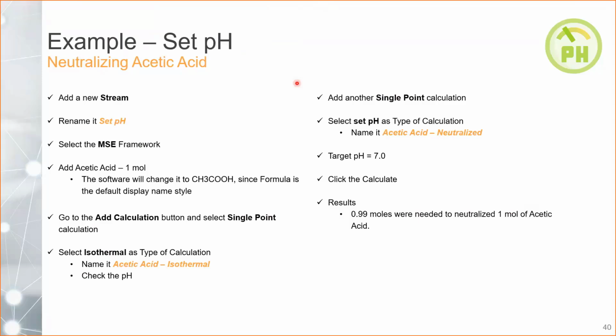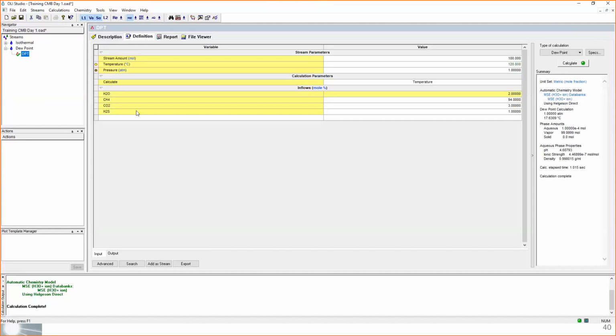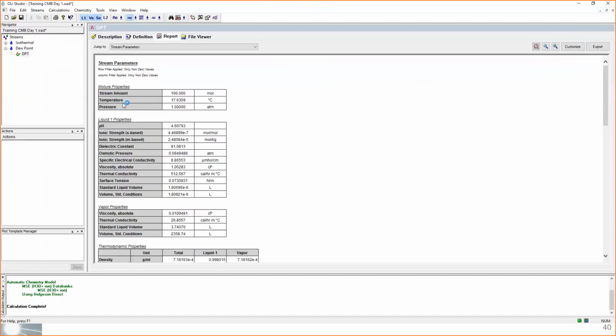I also had a question before I left for the break. The question was, is the pH calculated at the dew point temperature? To answer that question, yes. If we go back to the calculation for the dew point, you'll see that the first drop of water forms at 17.6 degrees C, okay?